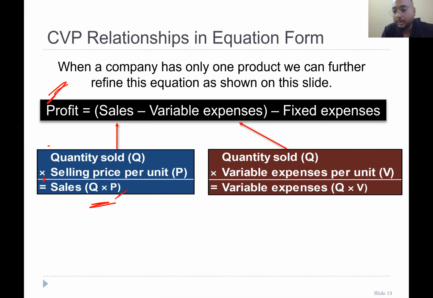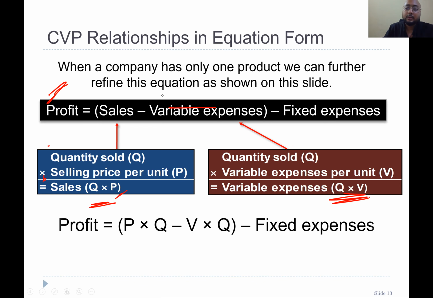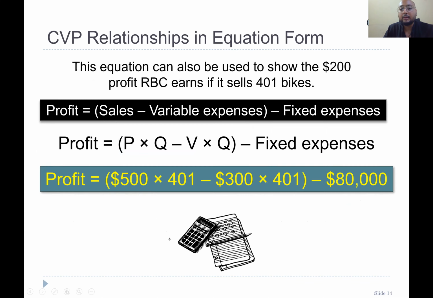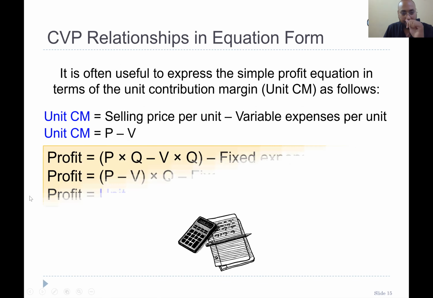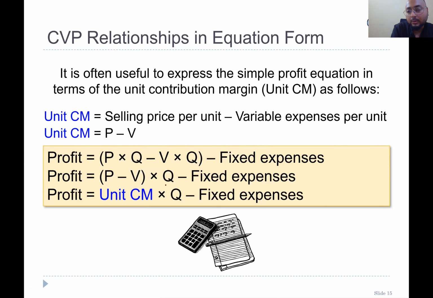Profit is denoted by its full name, profit. Variable cost per unit multiplied by the quantity is the variable cost, right? So we can write it down like this. To check if this equation is balanced or not, we put the same data here. Answer is again 200. It means this equation is completely fine. And then we take common Q, a mathematical property.